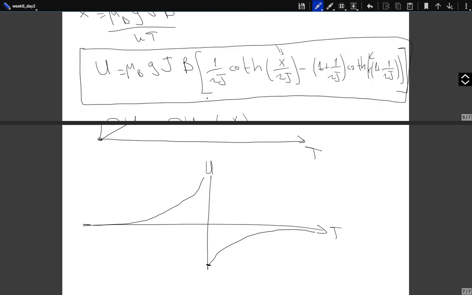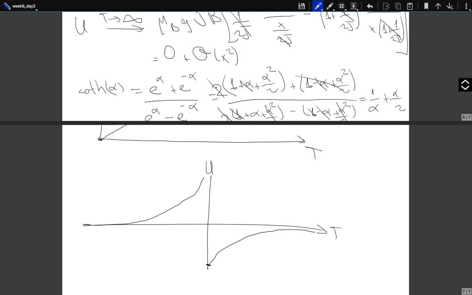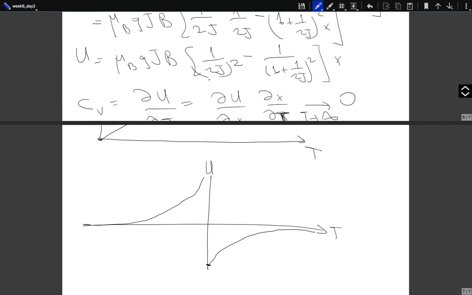Okay, so we have the limit of U. You see, this is what U is. And negative temperature just changes the sign of x.